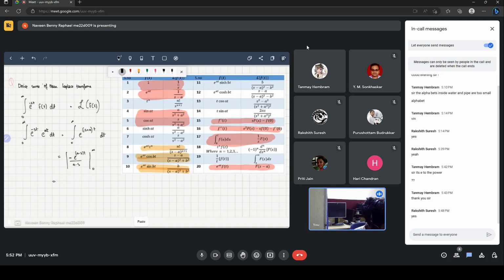So that means we get 1 by s minus a, which is as expected.